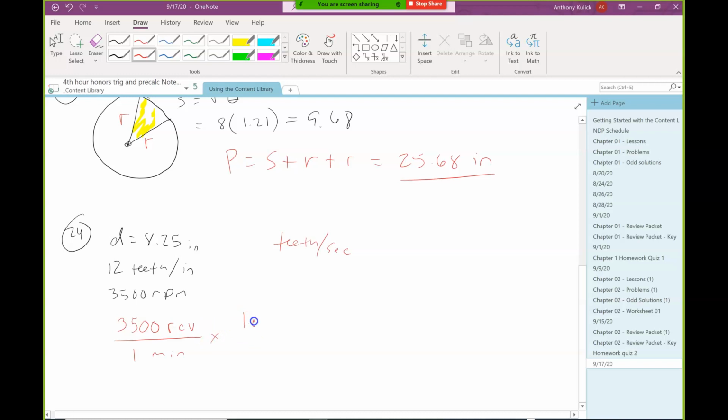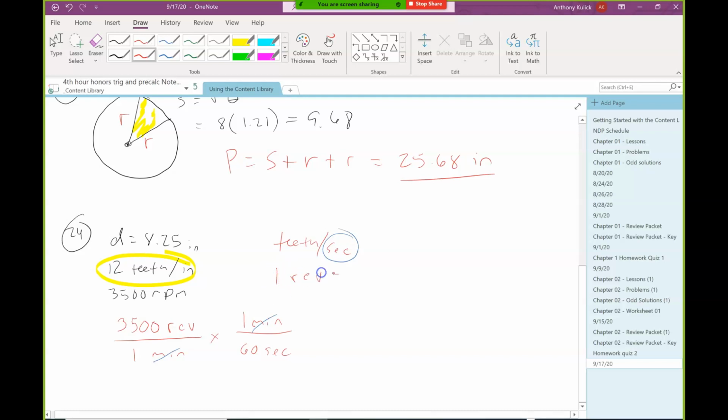So I'll start by just converting minutes into seconds. So I know there's 60 seconds in 1 minute. So now I'm in revolutions per second. So I have the per second part done. Now I'm going to start translating revolutions into teeth. So what I want is a ratio that relates linear distance to revolutions.